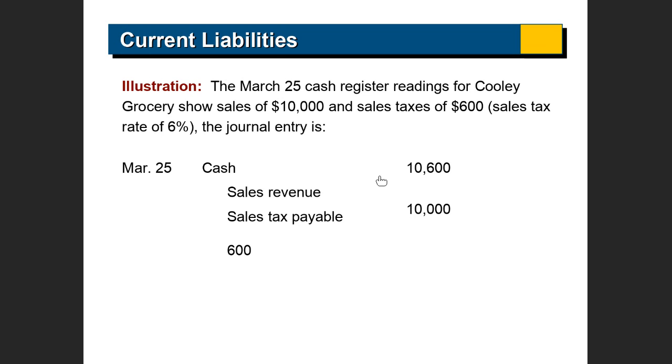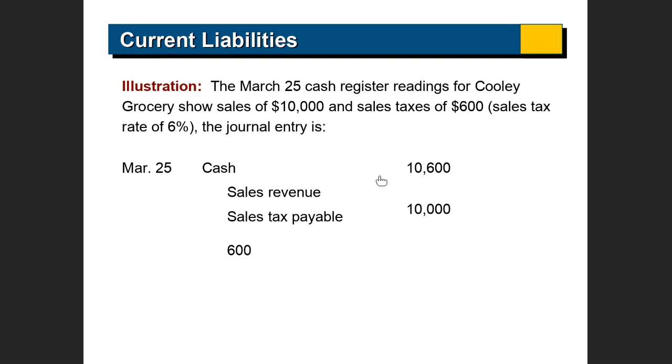So in your printout, you should have a credit to sales tax payable. When the cash comes in, it is debited, and the sales tax is already recorded as a payable because this money does not belong to the company, it belongs to the government.